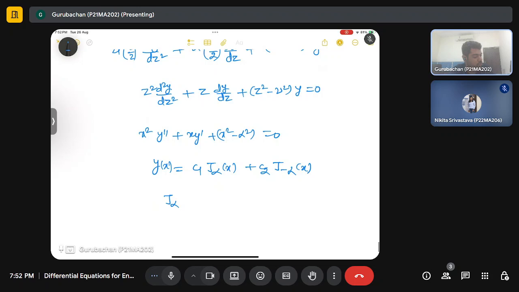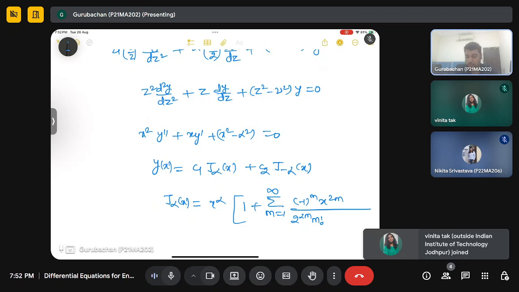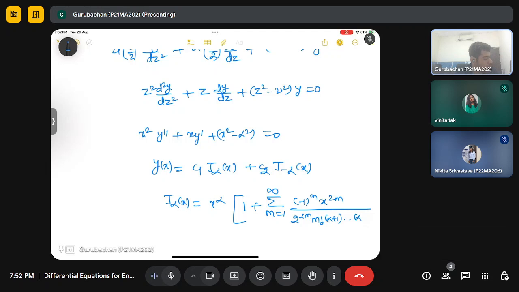Let me write J alpha x explicitly: x to the power alpha times 1 plus summation m equals 1 to infinity minus 1 to the power m x to the power 2m divided by 2 to the power 2m into m factorial times alpha plus 1 to alpha plus m. So this is your J alpha x. And if you want to find J minus alpha, you just need to put minus alpha in this J alpha x.